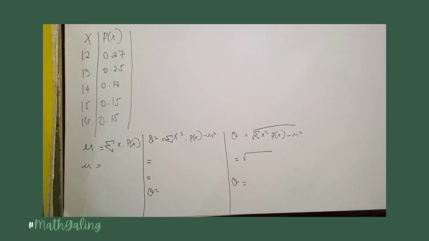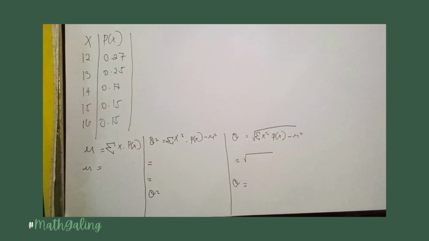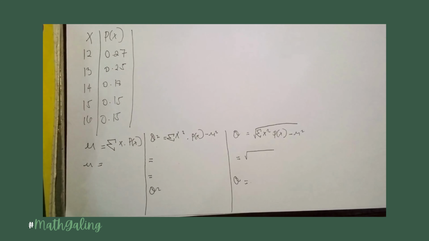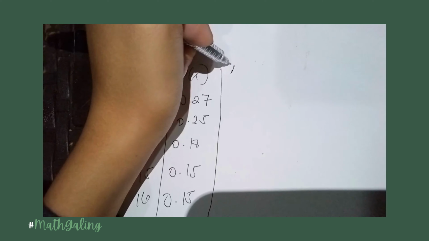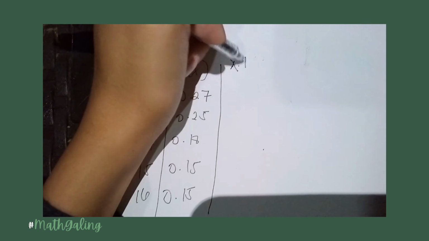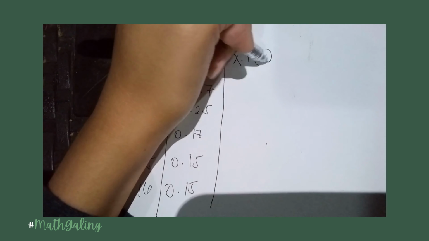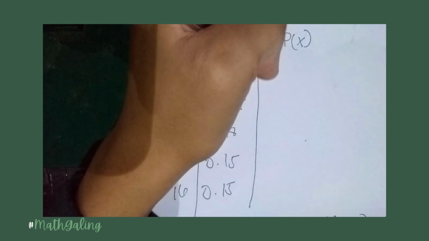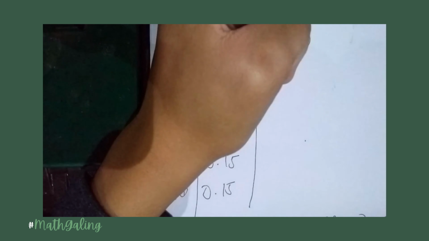Let us proceed to solve this problem. The first column again are the possible values, the second column are the corresponding probabilities. Let us add another column here, and we will denote it as the product of the possible value and its corresponding probability.